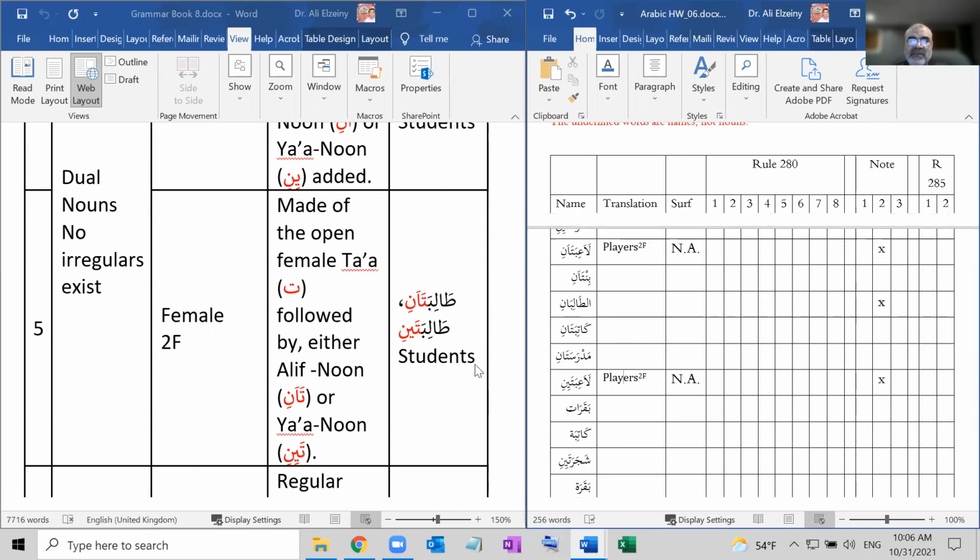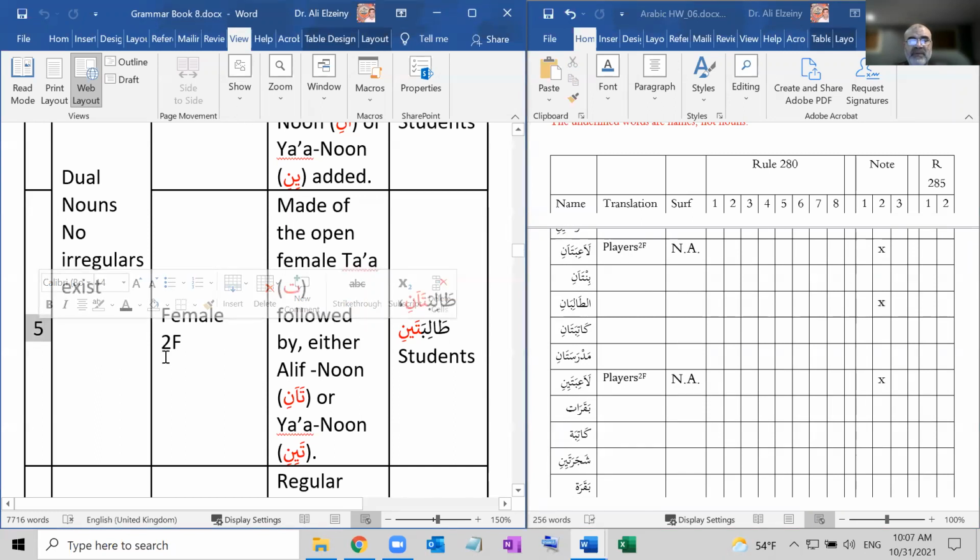So it is this case here, which is row number 5 of rule 250. That's the row number.